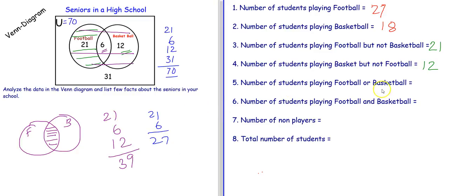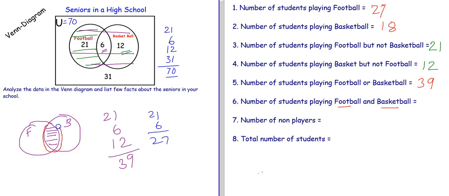So we'll go ahead and write 39 here. And then the number of students playing football and basketball. So we have to take only those students who are playing both the games. So it is the common area between football and basketball.